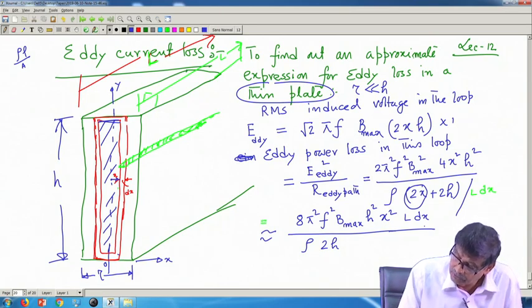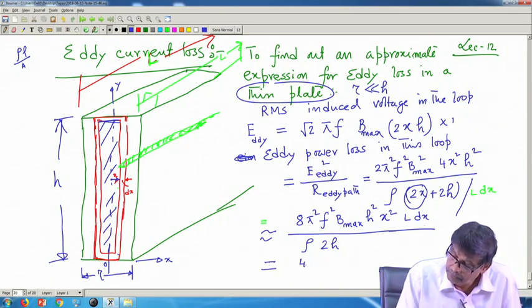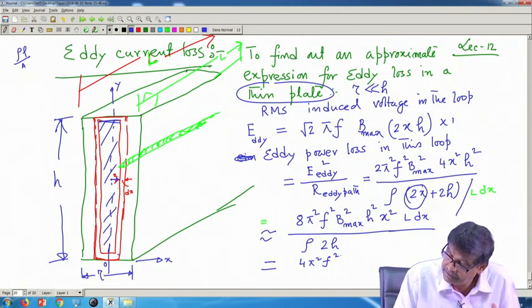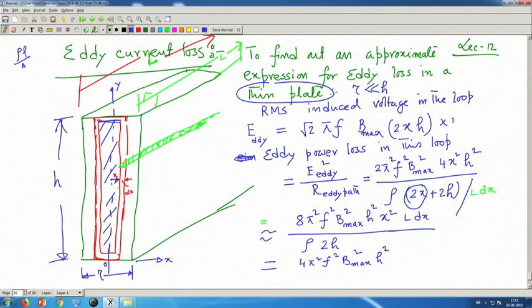Is that clear? So, this then will be equal to 4 pi square f square B max square into h square, no, one h goes out.